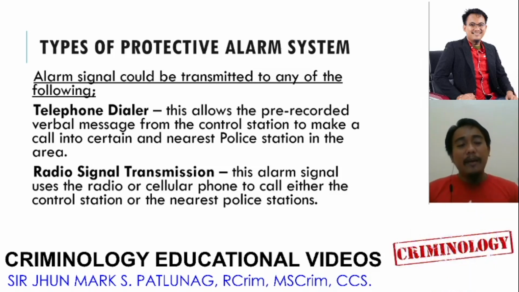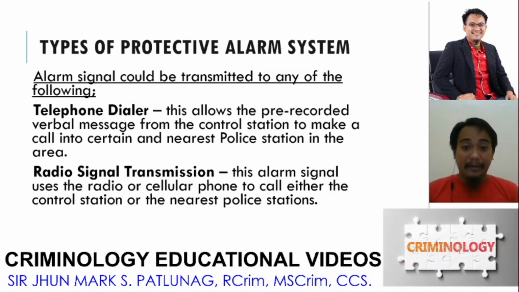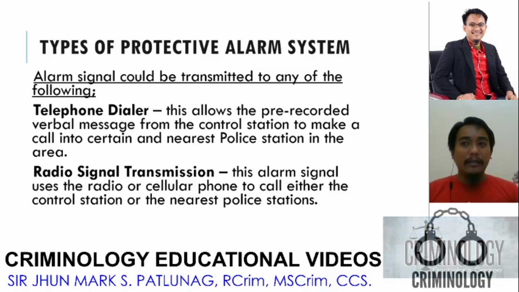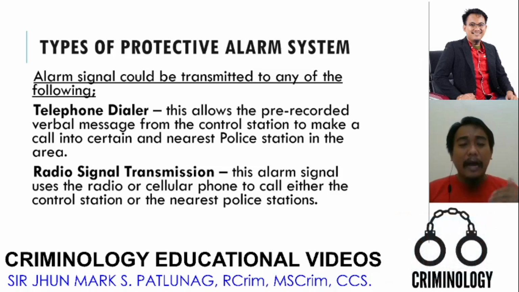And at the same time, mas mahirap po i-prevent yung cellular signal and radio signal rather than the telephone signal. Kasi yung telephone natin, hindi po siya gumagamit ng signal. He is using wire. And if there's a certain cut or interruption with the wire, automatic na po yan, mawawala na po yung tinatawag natin na alarm, yung transmission line ng alarm natin.